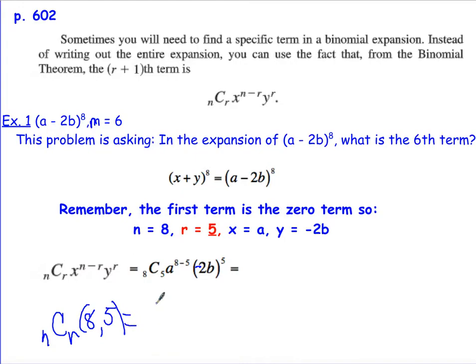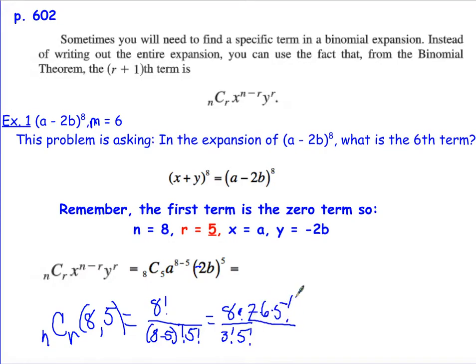Or you can actually use factorials. So this is just 8 factorial over 8 minus 5 factorial times 5 factorial. And what we end up with is 8 factorial over 3 factorial times 5 factorial. And actually this 8 factorial up here is 8 times 7 times 6 times 5 factorial.